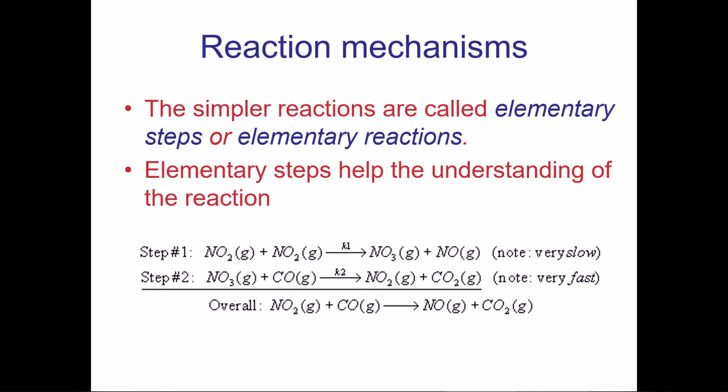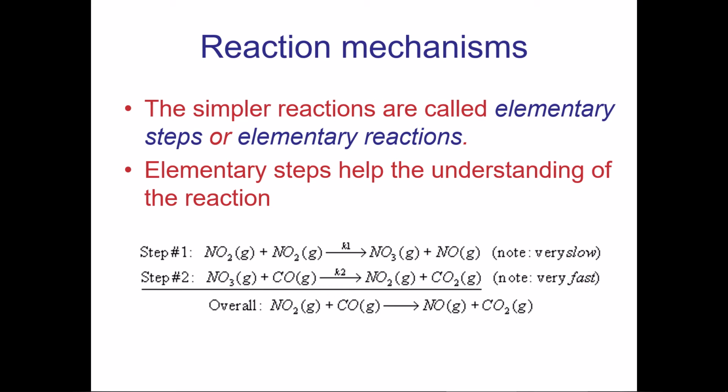Now each of these steps in the mechanism is called an elementary step or an elementary reaction because it is the most basic reaction. We can't simplify it anymore. And you can have as many elementary steps or elementary reactions as are necessary for your mechanism.